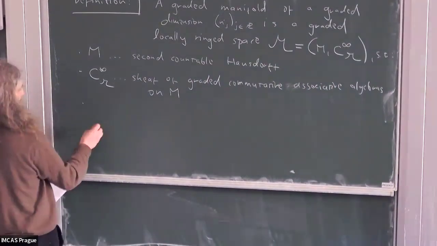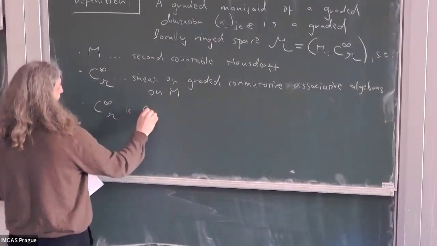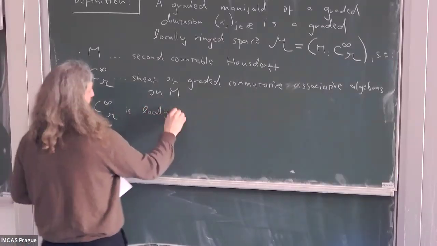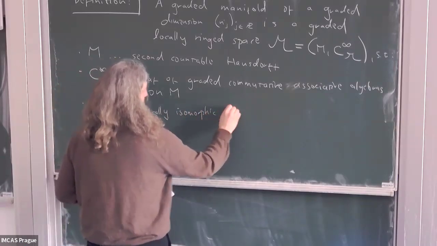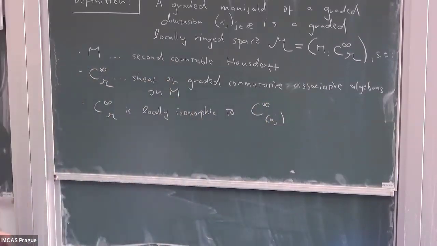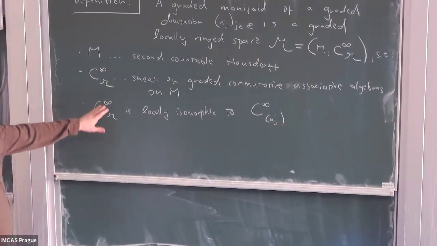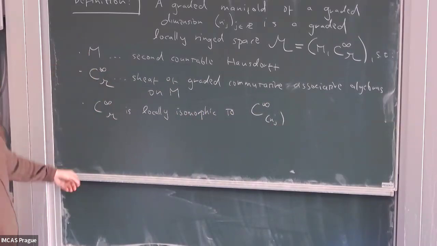And the third thing is that C infinity M as a sheaf is locally isomorphic to this local model sheaf I have defined on the previous board. And in fact, automatically it's a locally ringed space, meaning that its stalks are local rings.